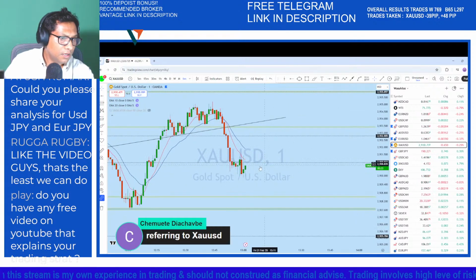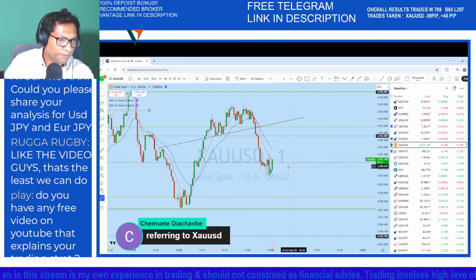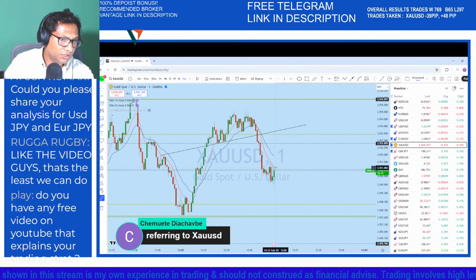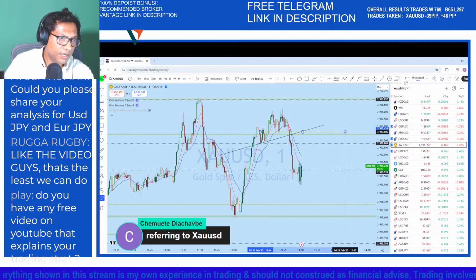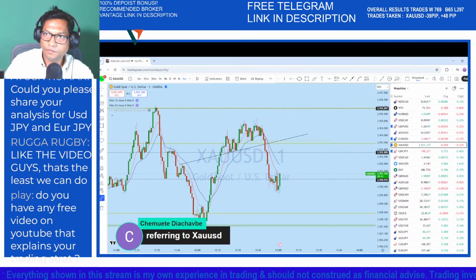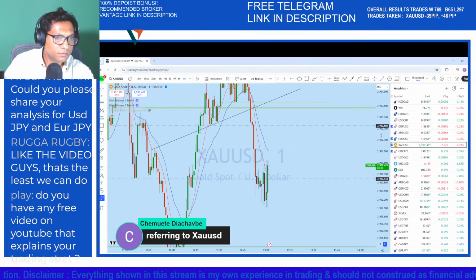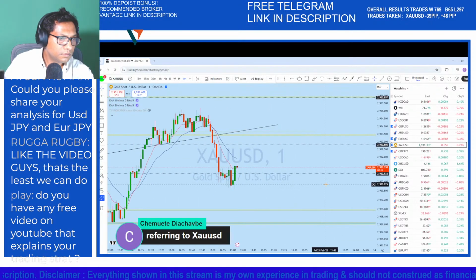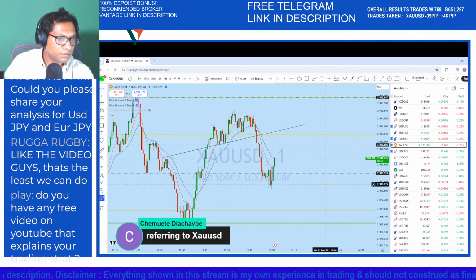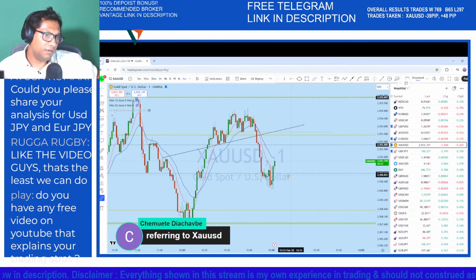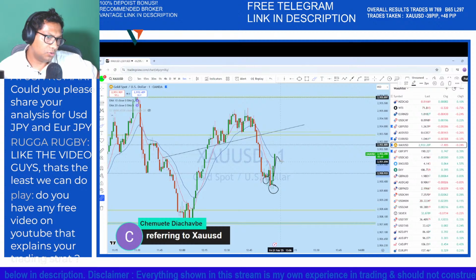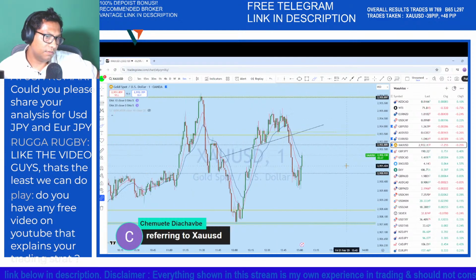With that pressure building up, we may see the price slowly going back to that level here, the neckline. So it might form this inverted head and shoulders here, and then could potentially bounce back up.